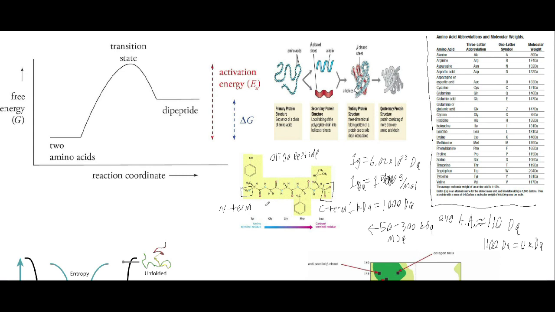There is a directionality to protein chains, and the directionality is defined by the way that amino acids are added onto the growing chain when we're translating into proteins. These are connected together by peptide bonds, as I talked about in the previous video.